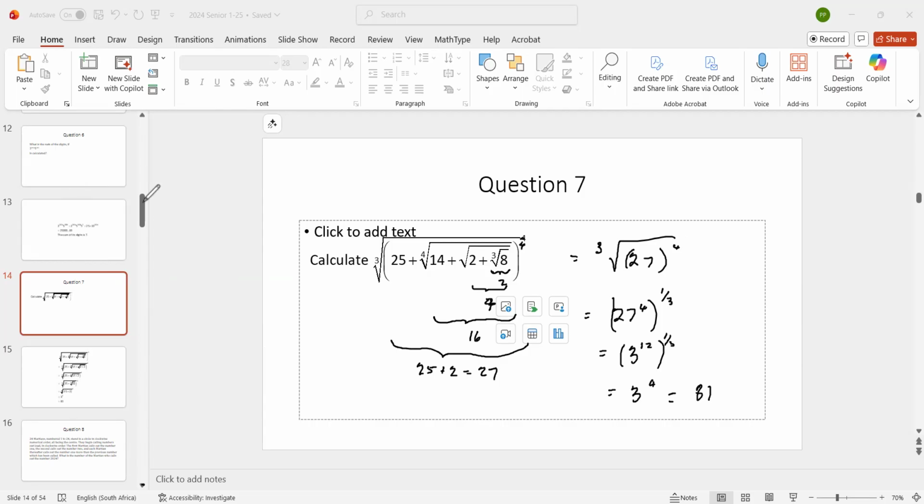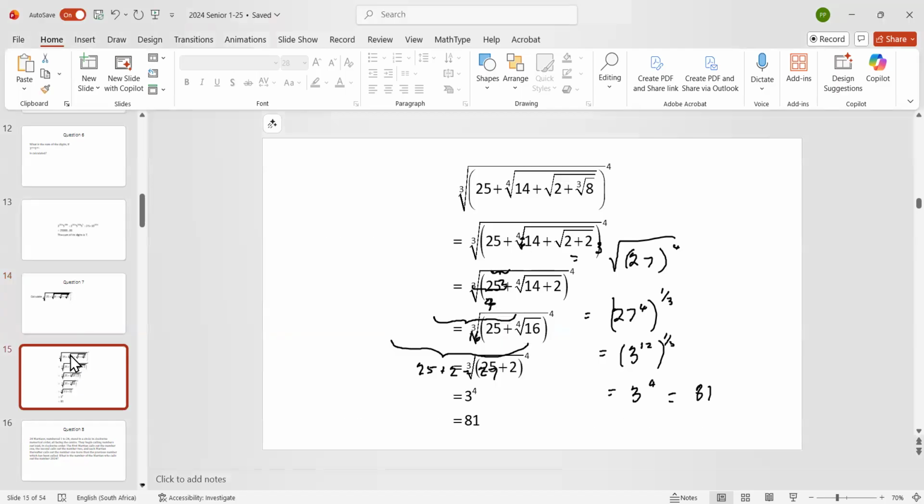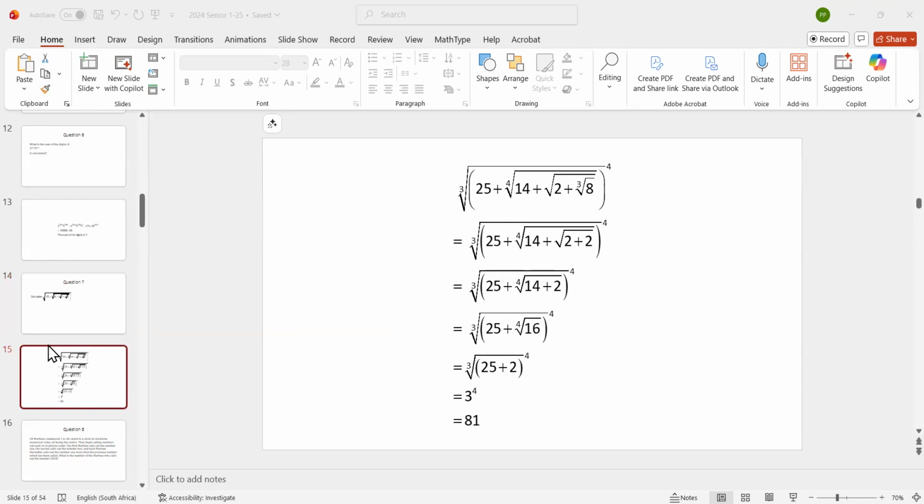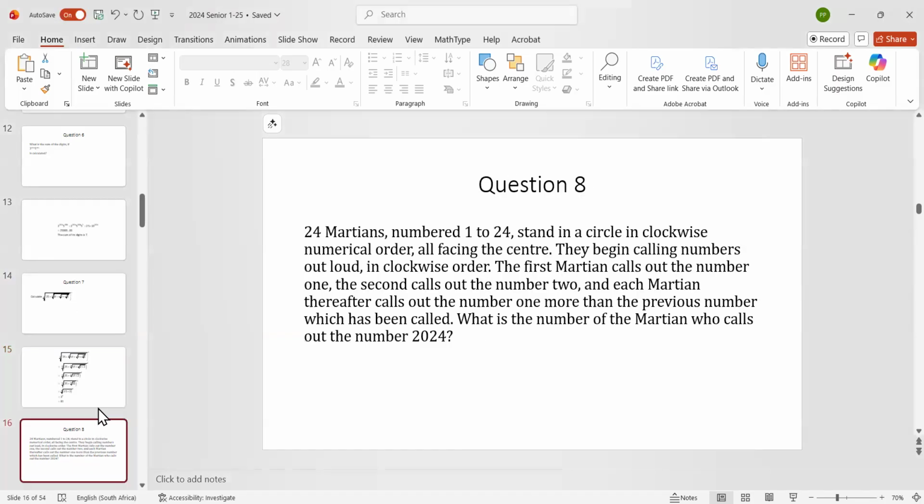Okay, so that takes care of problem number 7. And we can go on to problem number 8. Right, so you can see the answer here is 81, which is the answer that I got. Go on to question 8.